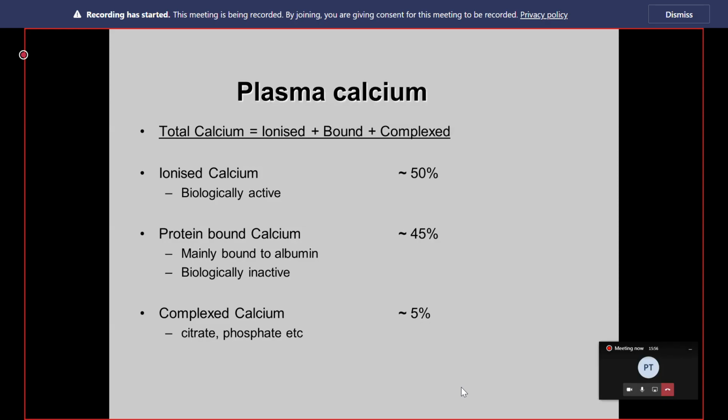So when we measure total calcium, we are measuring not just the ionized calcium, but the protein-bound and complex calcium as well. Because the active calcium is ionized calcium, the total calcium we measure is really a reflection of ionized calcium. We want to know what the ionized calcium is by measuring total calcium.